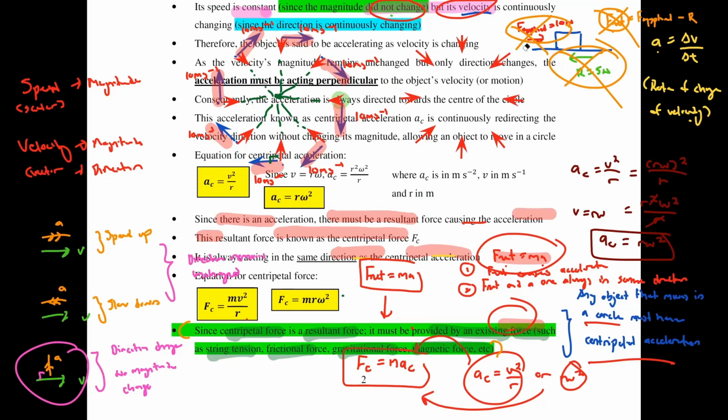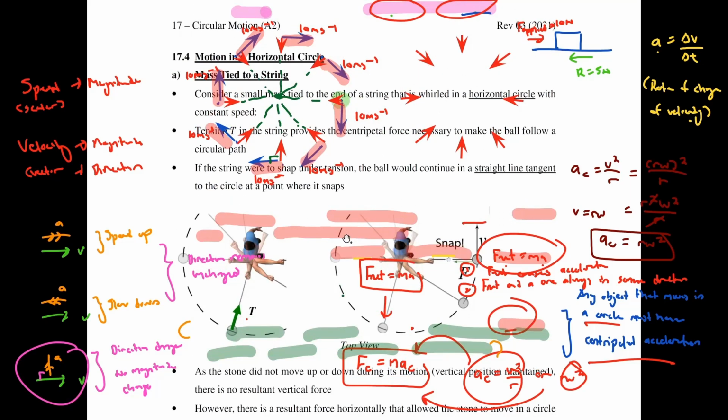That is what we mean by centripetal force being a resultant force. Something must be acting as the centripetal force. There is no specific force just called centripetal force. It is actually provided by some other force. You will probably get a better idea what this means after you go through some of the examples in the next few pages.